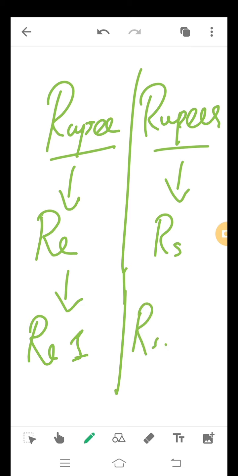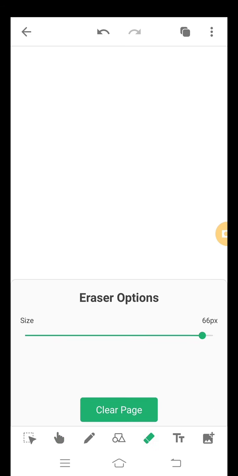For the singular form, you have to mention RE. For the plural form, you have to mention RS. So 2 rupees, 5 rupees, 3 rupees, 20 rupees, 50 rupees, you can mention RS. For 1, you can mention RE. So note 3 is also over.